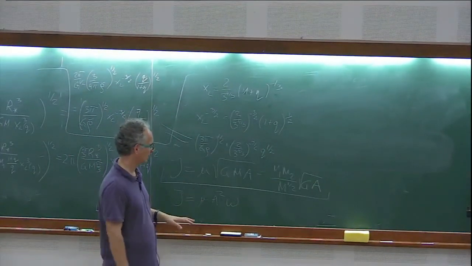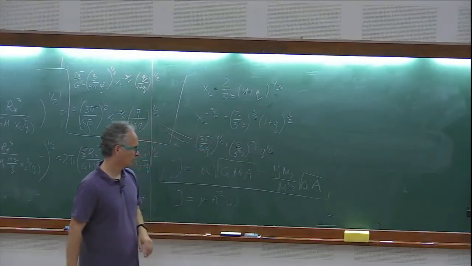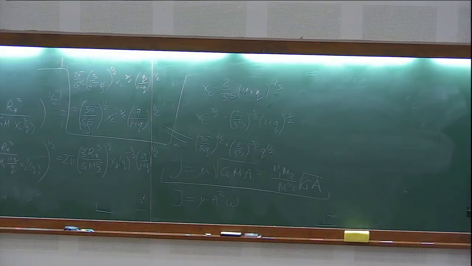It weakly depends on the mass ratio. Here I showed that within this approximation, this is q to the 1/2, but this will be even weaker dependence when we take the exact formula.